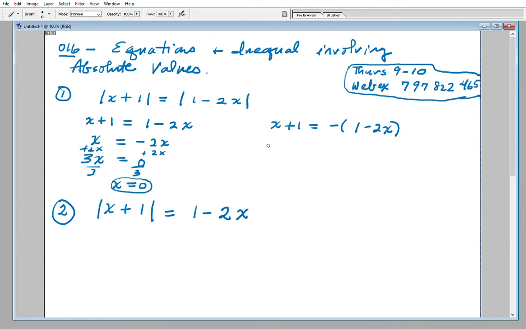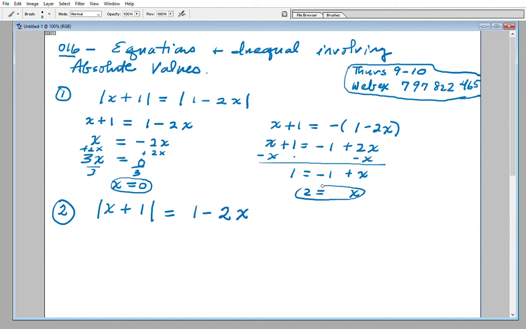All right, here, open parentheses, x plus 1 equal minus 1, and then minus minus would be plus 2x. All right, and subtract x from both sides, and we have 1 equal minus 1 plus x, and then add 1 to both sides, and we have x equal 2. So those are our two solutions.